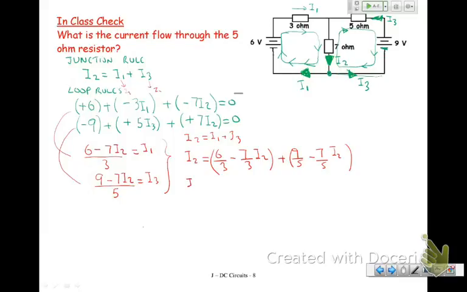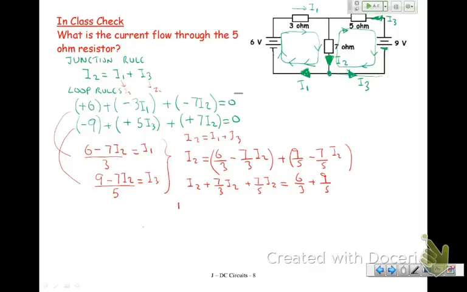So I2 plus 7 over 3 I2 plus 7 over 5 I2 is equal to 6 over 3 plus 9 over 5.